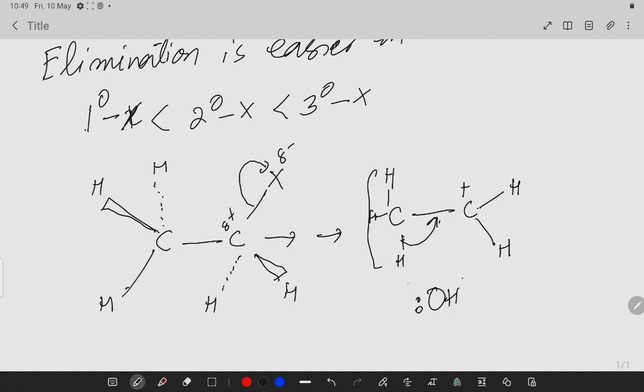So this electron is transferred over here and this OH ion accepts this proton.